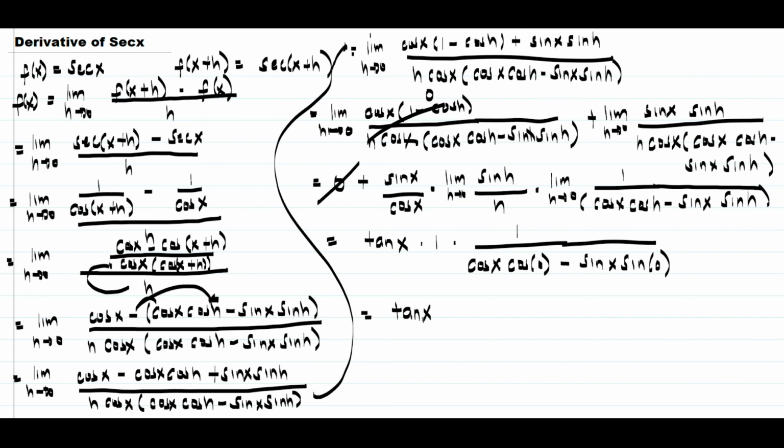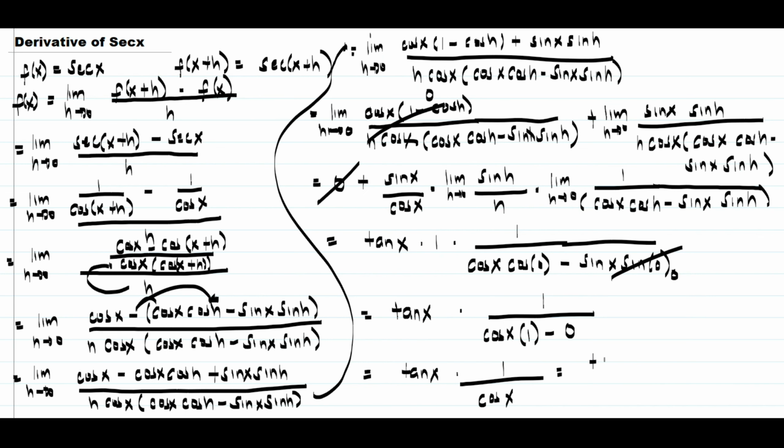And then, since sine 0 is 0, multiplied by sine x is still 0, this will give us cosine x times cosine 0, that is 1, minus 0. To simplify, this is tangent x times 1 over cosine x times 1 minus 0, that is cosine x.